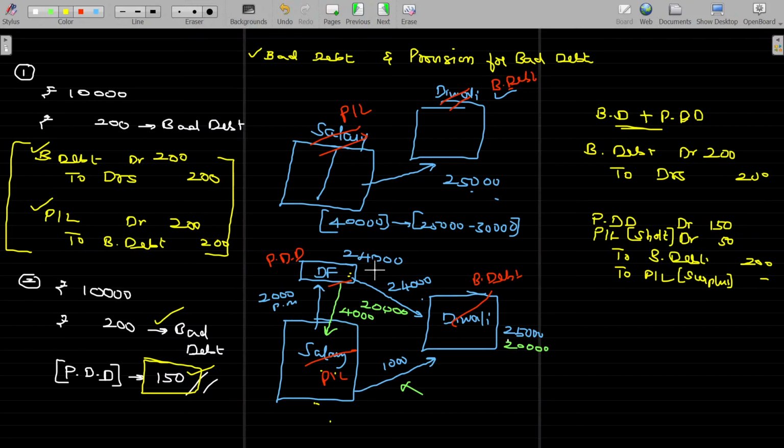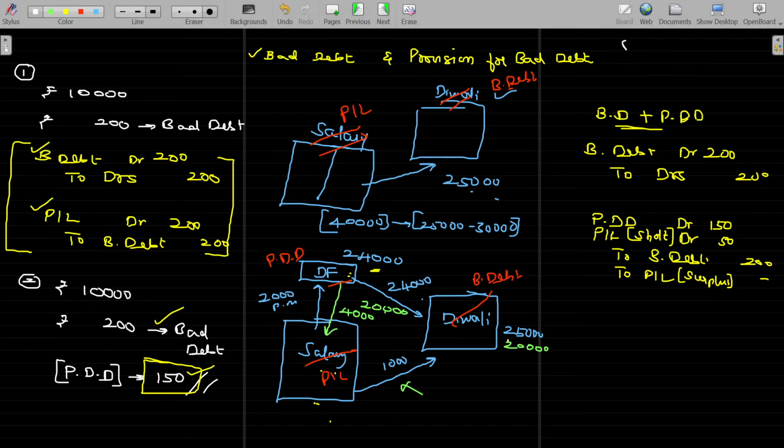This Diwali fund, 24,000 rupees, is created by depositing some amount from the salary each and every month to this account, right? Similarly, last year, the PDD's requirement, or the expected bad debt loss, to that extent amount is transferred from the P&L account to the PDD account.